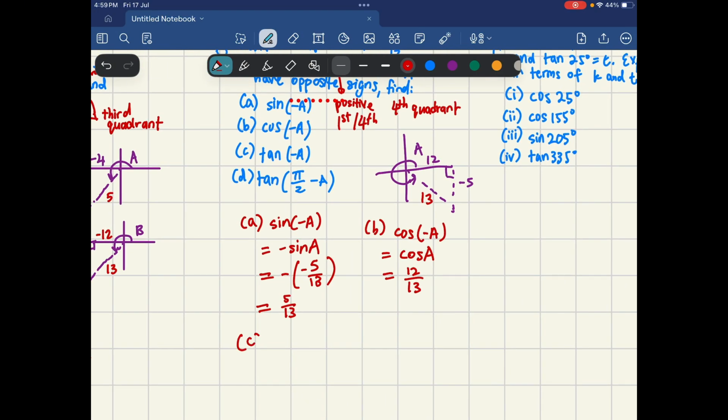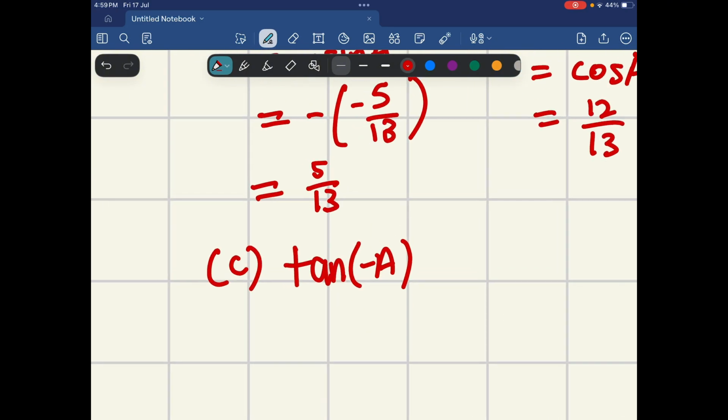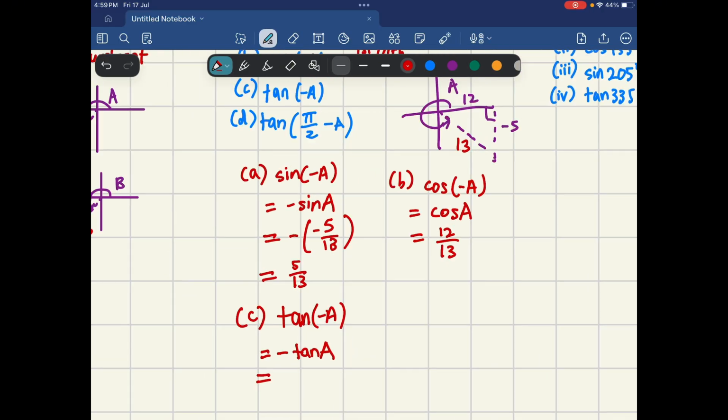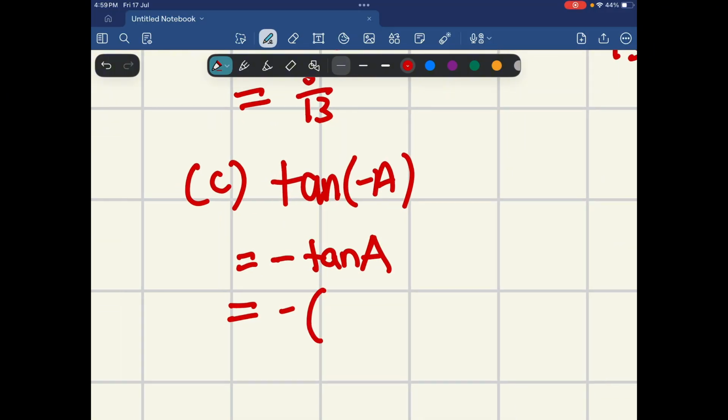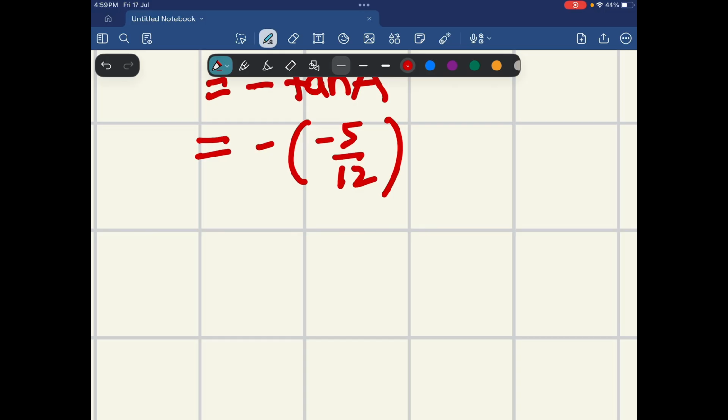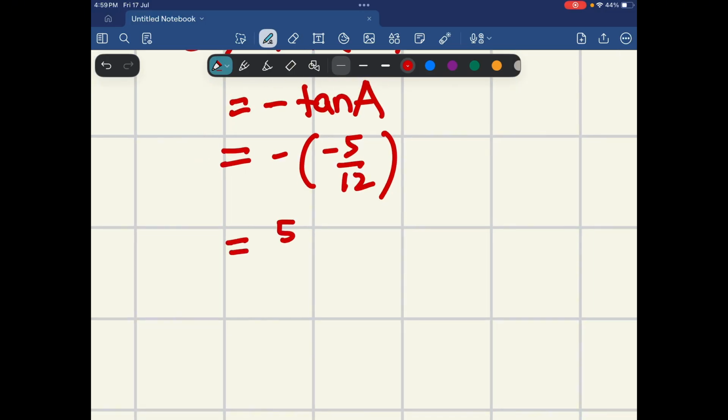C wants us to find tangent of minus A, where we can take out the negative. And tangent A was given in the question as minus 5 over 12. So your answer will be 5 over 12.